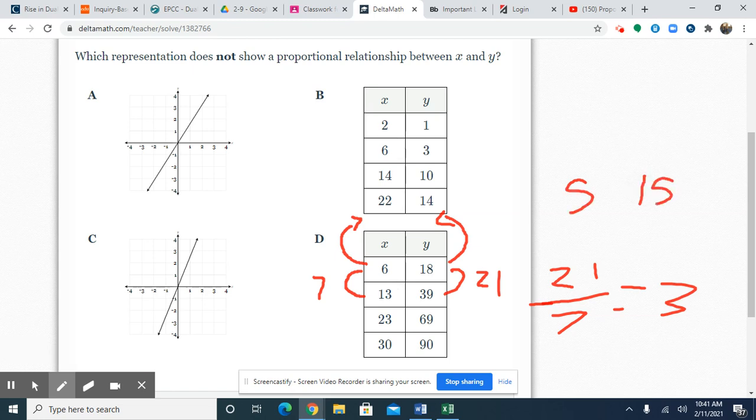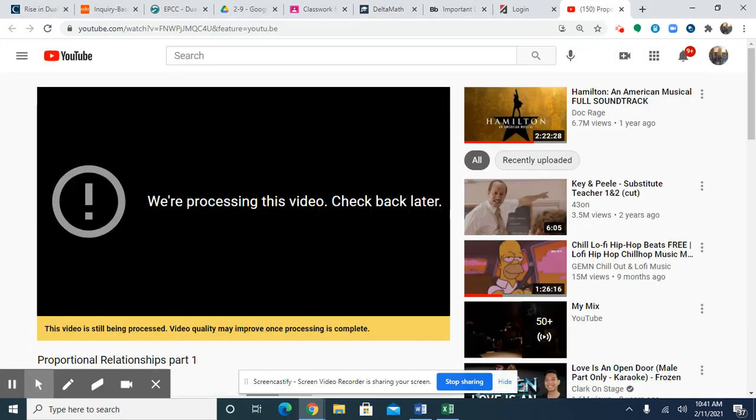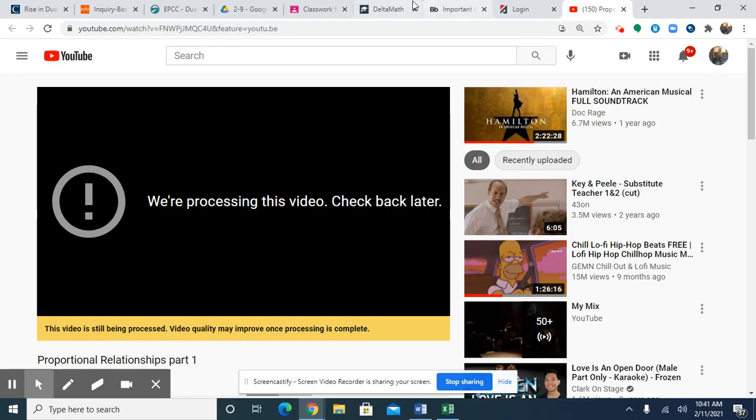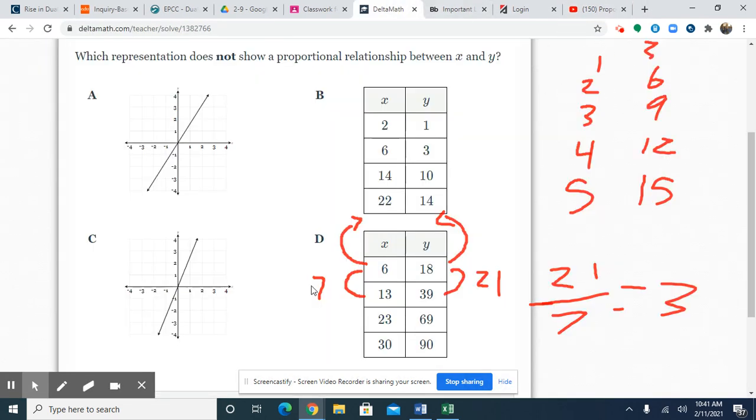So 5 and 15, 4 and 12, 3 and 9, 2 and 6, 1 and 3, and then finally 0 and 0. So since we're starting at 0, 0, that means it's going to go through the origin. Therefore, this would be a proportional relationship.